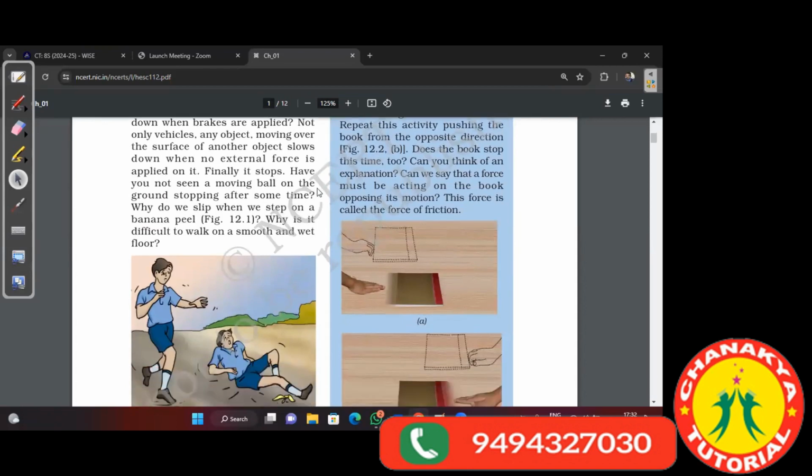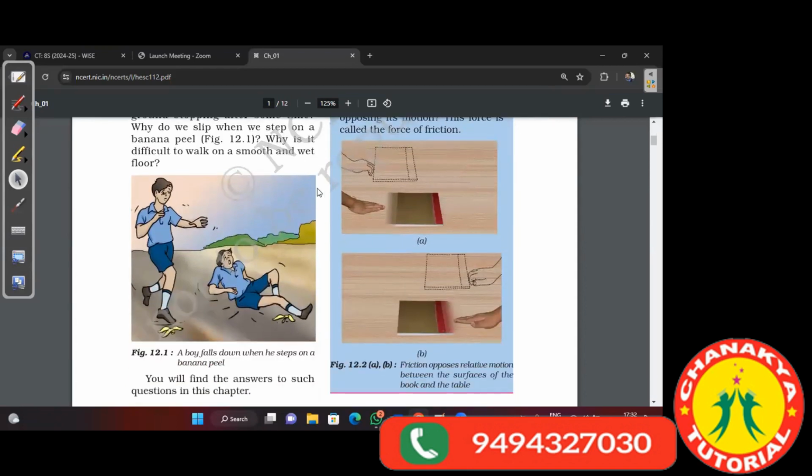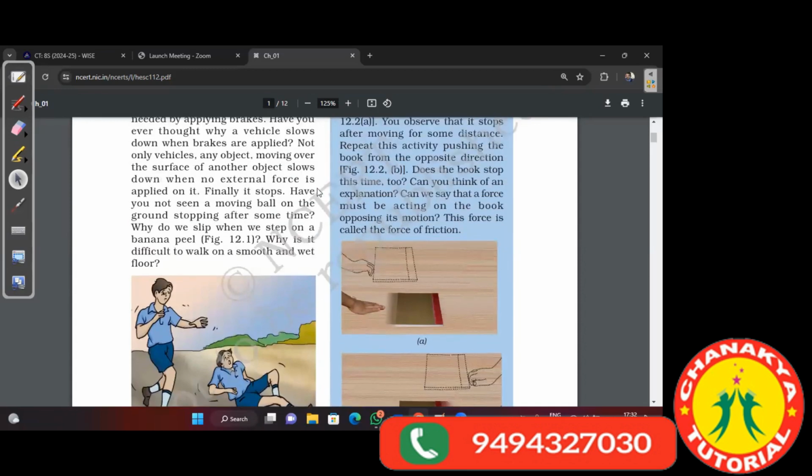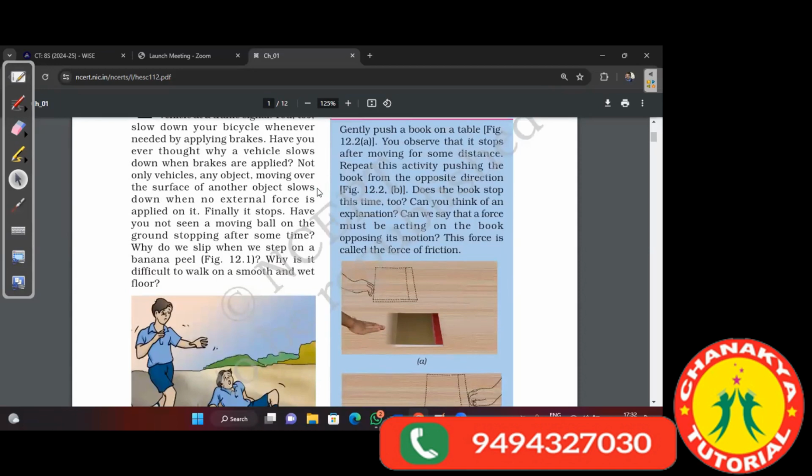You can see a book is kept on a table, and you push that book gently. When you push it gently, we observe that the book stops after traveling a small distance. In this picture, you are shown the previous place of the book and the new place.